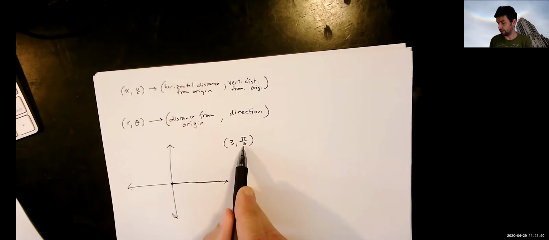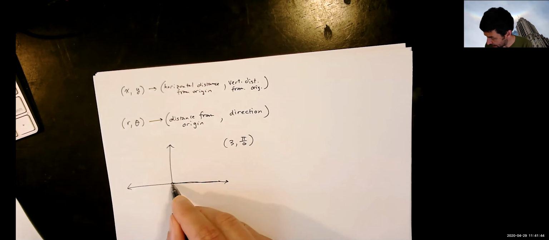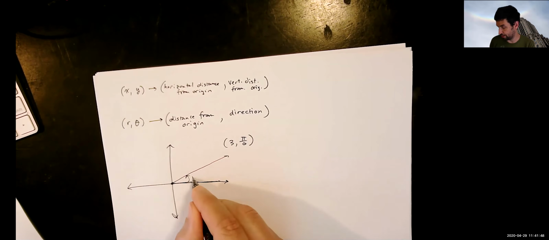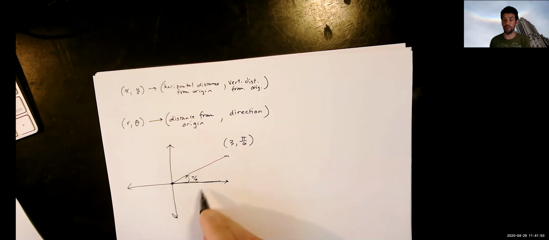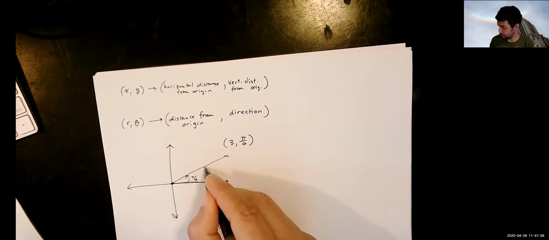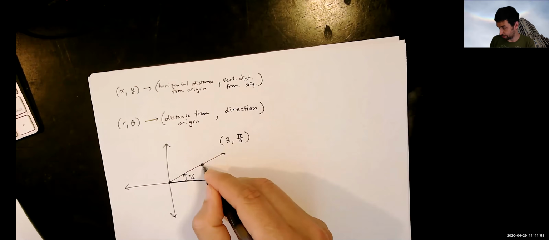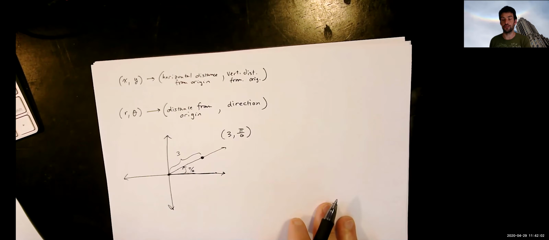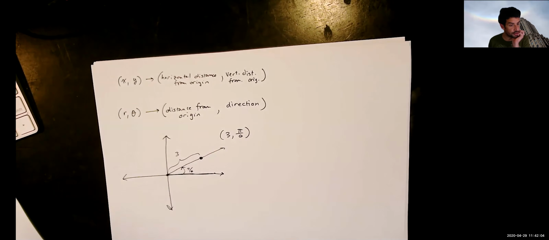So this direction is pi over 6 positive, meaning an angle about this size. This is an approximation to pi over 6. And then the 3 tells me to go out 3 units in that direction. I haven't put a scale, but my distance from the origin is 3 units, whatever those units are.